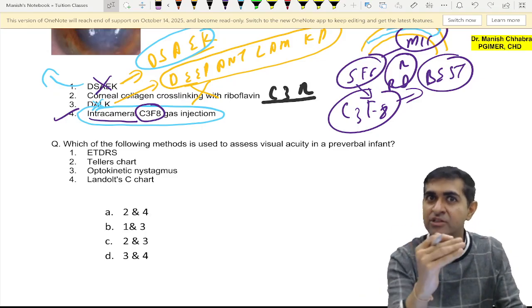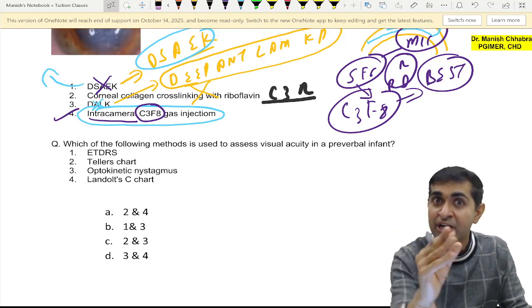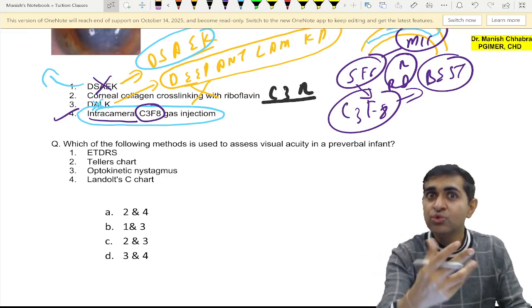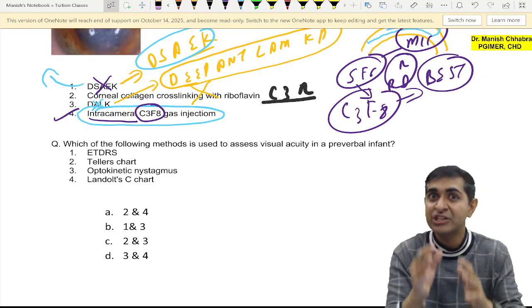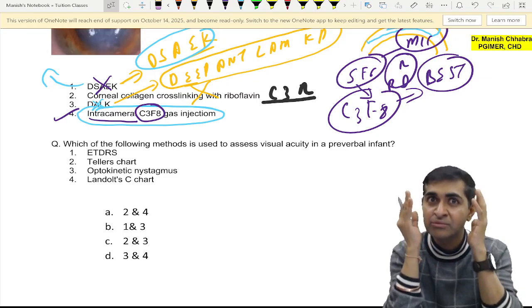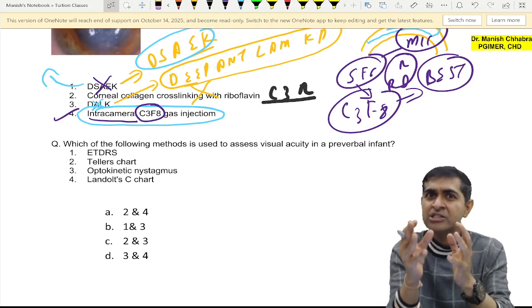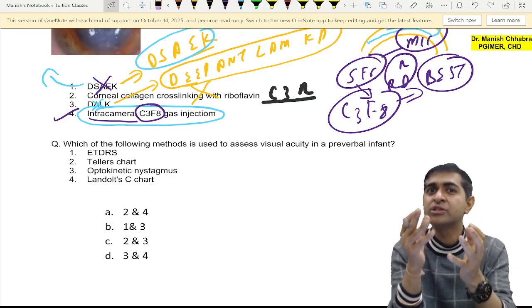That is why I always say, no matter how much you have read, it is very important to practice daily MCQs, because that will train you to pick the right answer, even if you haven't read the topic completely, or if there are some points asked which are out of the box.